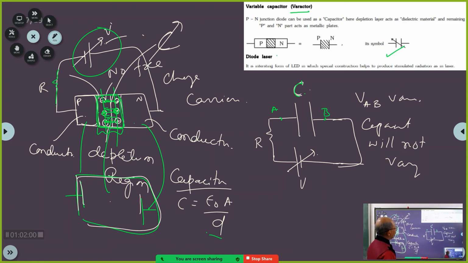Now, diode laser. Laser means, you know what is a laser, right? What is laser? Light amplified by stimulated emission of radiation. Now, what happens in a laser? I'll tell you in brief.